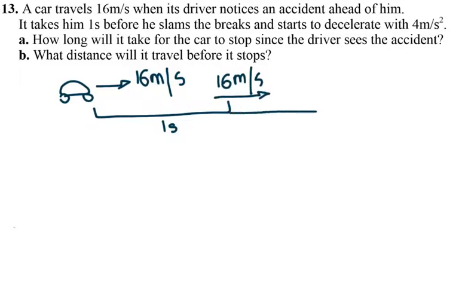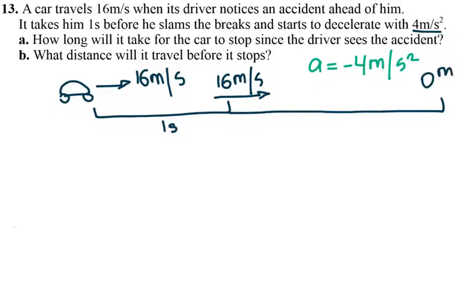And then he starts to decelerate at 4 meters per second squared. So I'm going to write the deceleration is negative 4 meters per second squared. And eventually he stops. So here is 0 meters per second. I do not know how long it will take for him to drive where he was decelerating, but I can find the time.